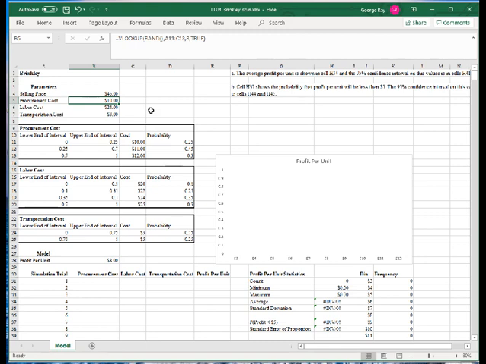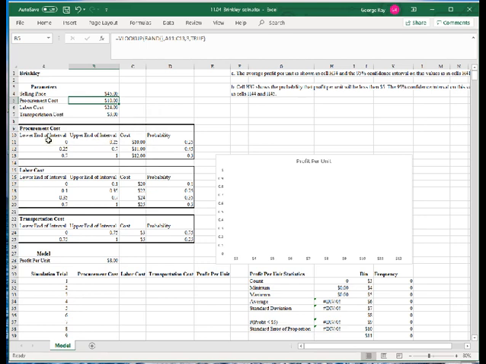In the case of the Brinkley problem, the three random variables, the costs, have a discrete probability distribution associated with them. In other words, they have a very few number of values that they can take on, and we have an estimated probability for each one of those.